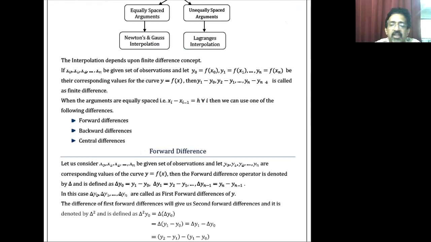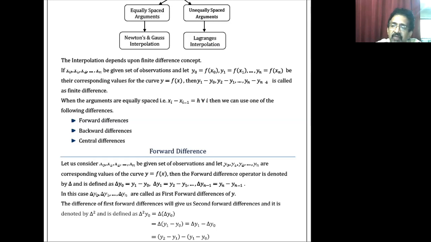I consider the case where x's are equally spaced. For that, I should know what forward difference and backward difference are. See, as you know, if x0, x1, so on up to xn are equally spaced, let y0, y1, y2, so on up to yn be the corresponding values of xi, as per some unknown function, the function which is not known to me.